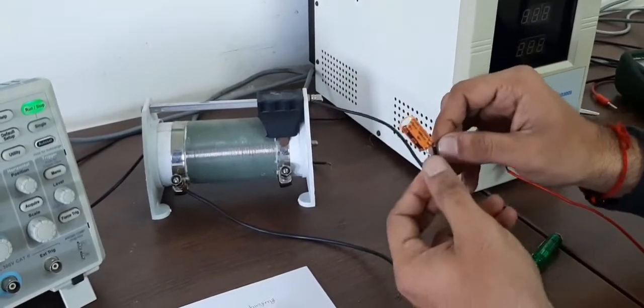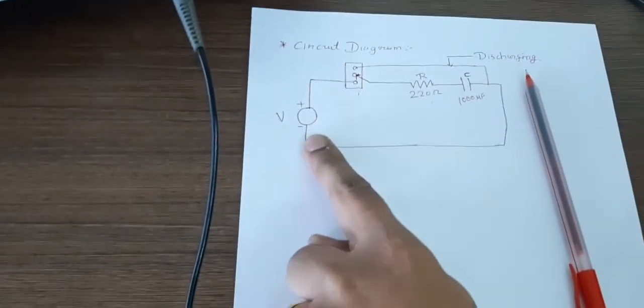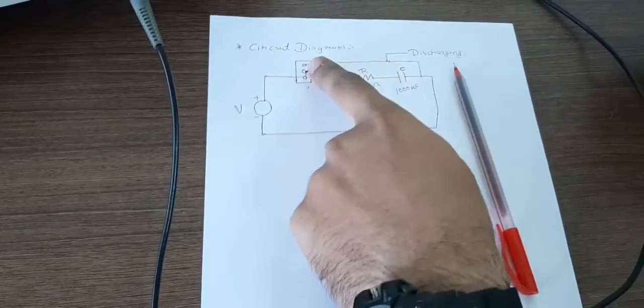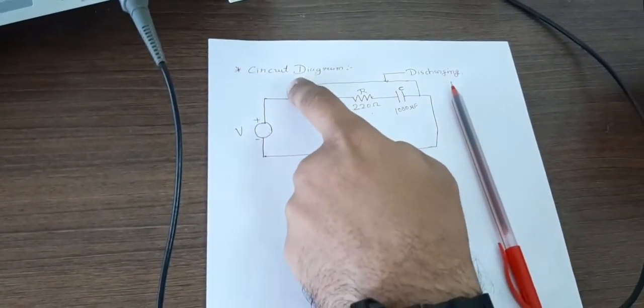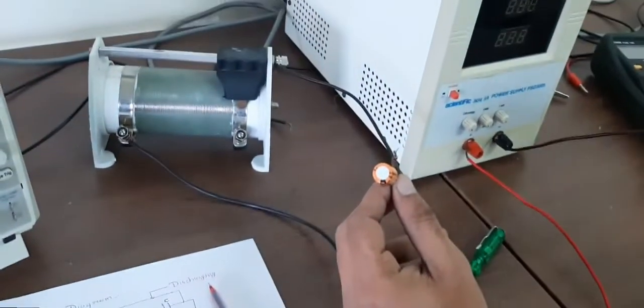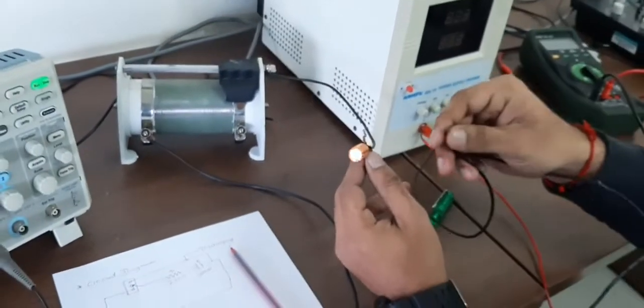And the negative terminal of the capacitor is connected again to the DC supply negative, and one terminal is connected to the upper portion of the switch. This is for the discharging purpose. So this is the one wire that I am taking.